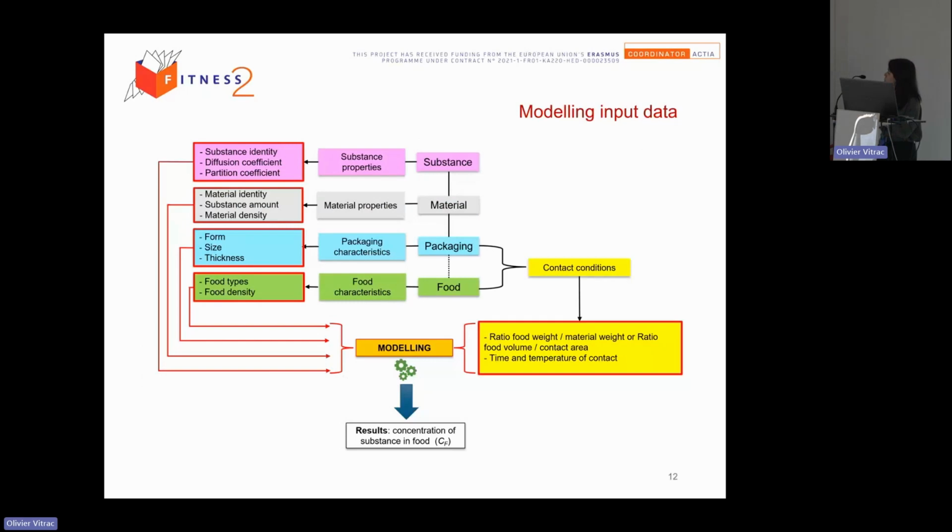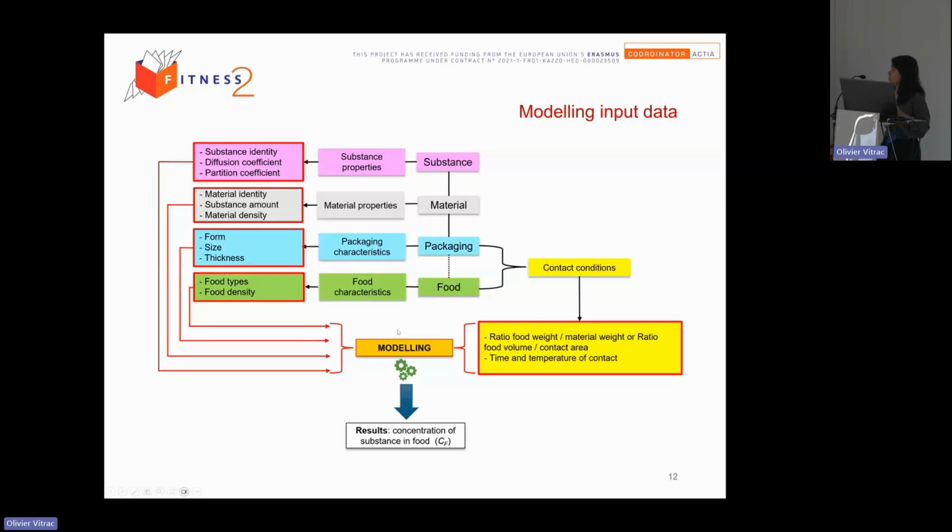Here is just the summary of all the data we need to launch the migration modeling. Concerning the substance, we need to know the identity of the substance, because migration depends on the substance, the diffusion and partition coefficients, also the identity of materials, the amount of substance in the material, the material layers, materials density, the form, the size, the thickness of packaging, also the food type, food product, and food density, contact conditions, temperatures.